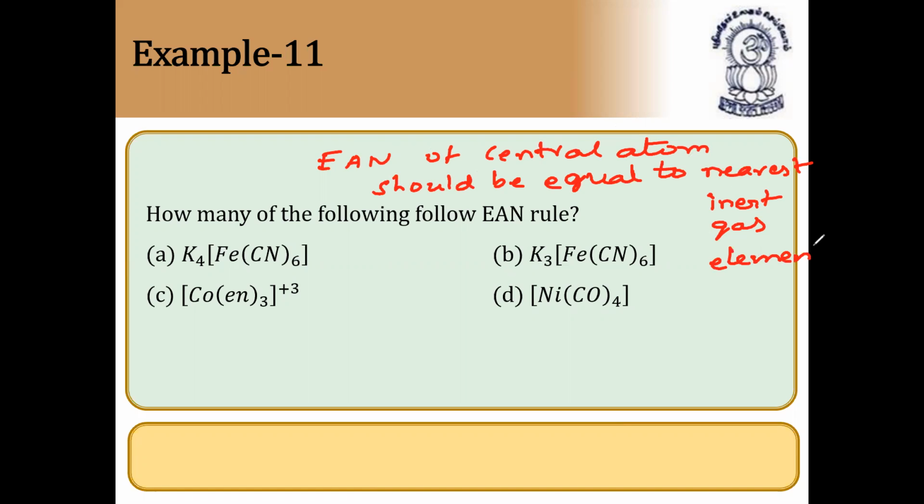So that is the condition. And how to find the effective atomic number? As I told you, the effective atomic number is equal to Z minus oxidation state plus 2 into coordination number. Coordination number means number of ligands.